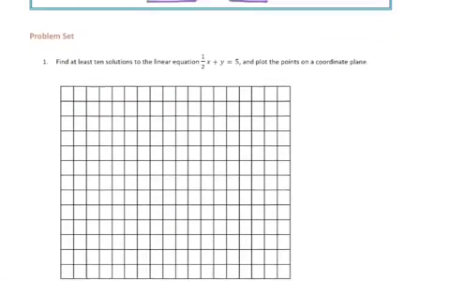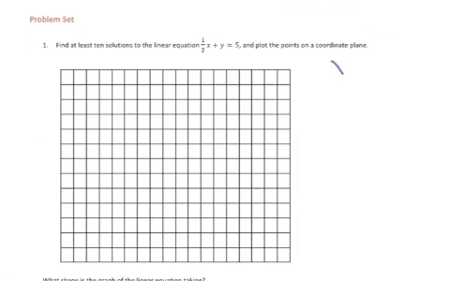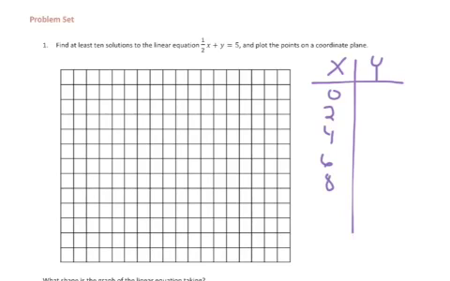For number 1, it's going to be beneficial if you make an XY table, and I will just give you different X values to plug in to your equation for Y, and then make sure you set up your graph and plot it.